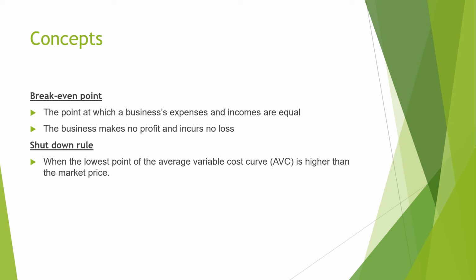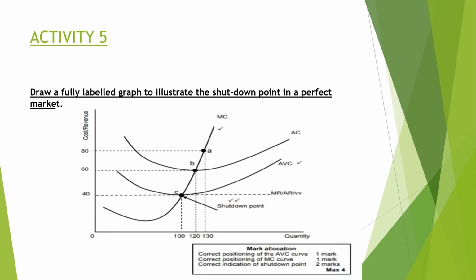Market price, which is the average revenue, which is the marginal revenue. So let us look at the shutdown rule of a firm. When will a business shut down? A firm should consider shutting down when their average variable costs are equal to their average revenue.